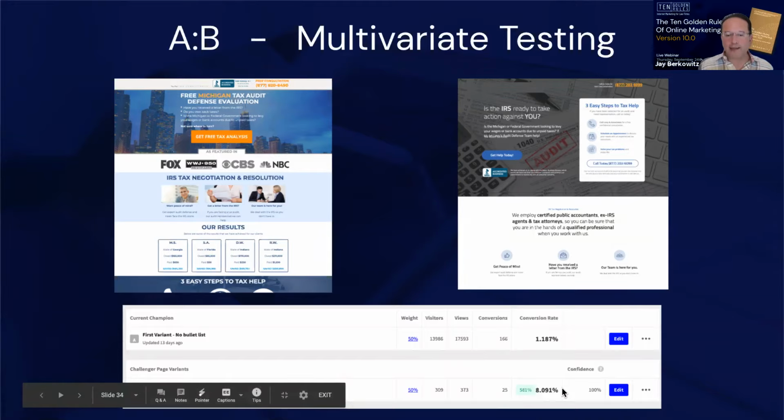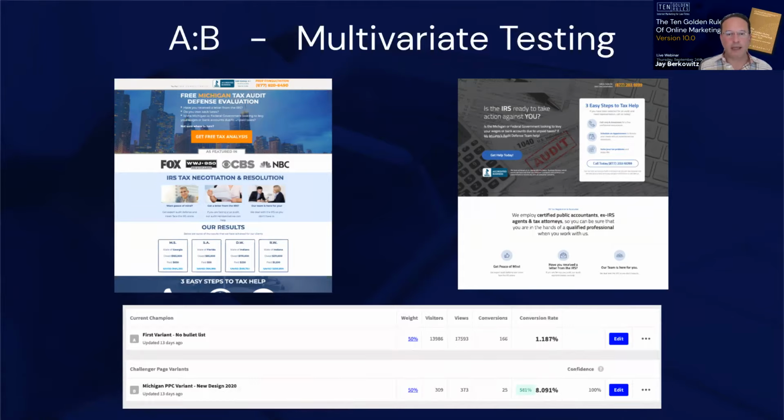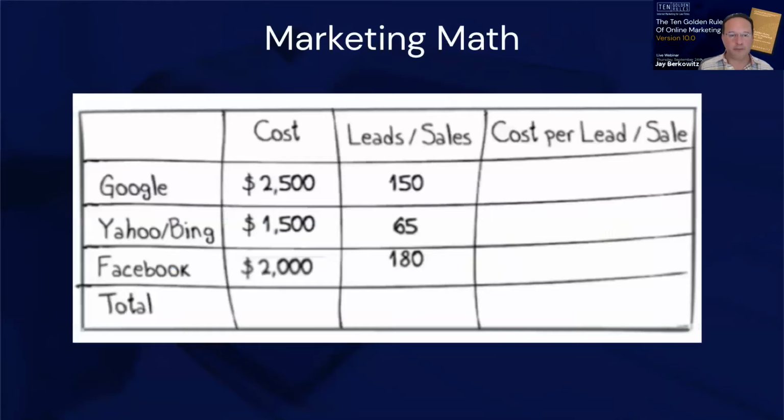The new variant D got an 8% conversion rate. That's a 581% improvement. And the system software is telling us there's a 100% confidence level, 100% chance that D is always going to beat A.